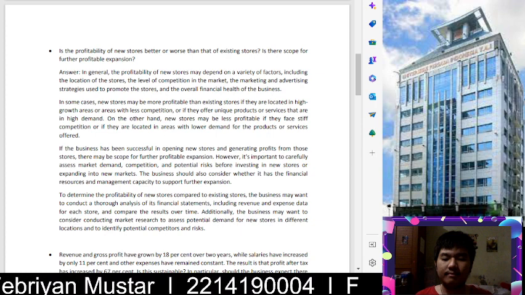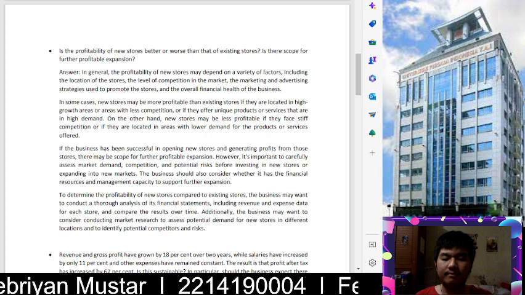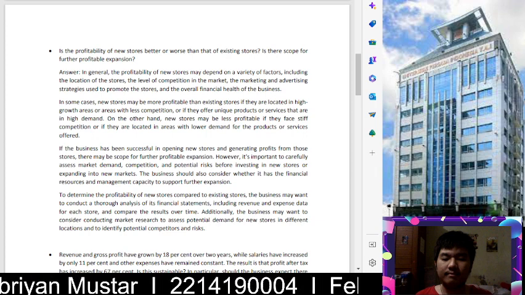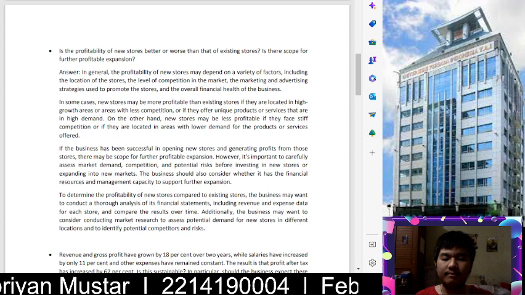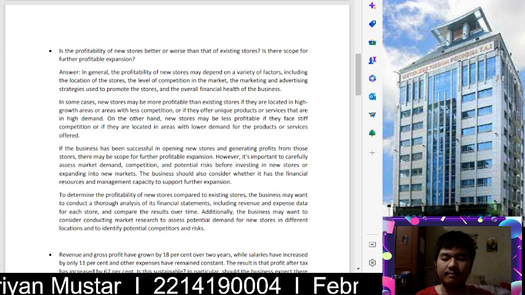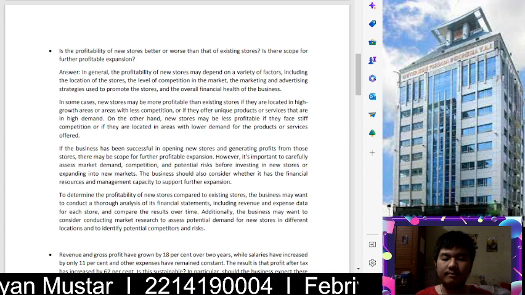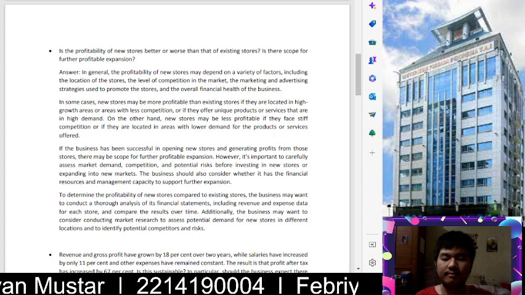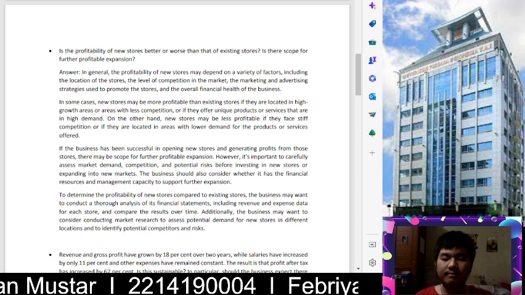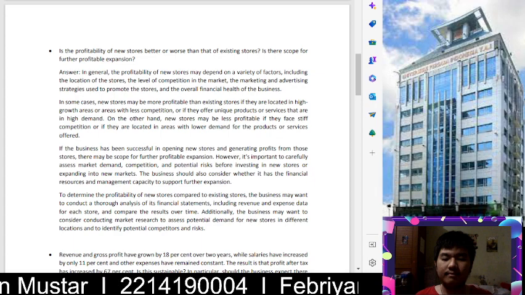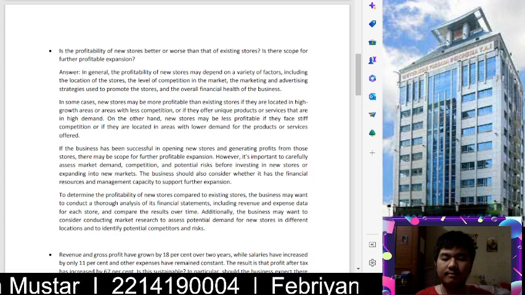Additionally, the business may want to consider conducting market research to assess potential demand for new stores in different locations and to identify potential competitors and risks.